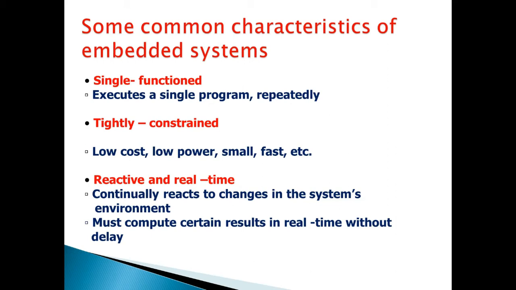Reactive and real time. All embedded systems are not real time. Reactive means continually reacting to changes in the system's environment. It must compute certain results in real time without delay.